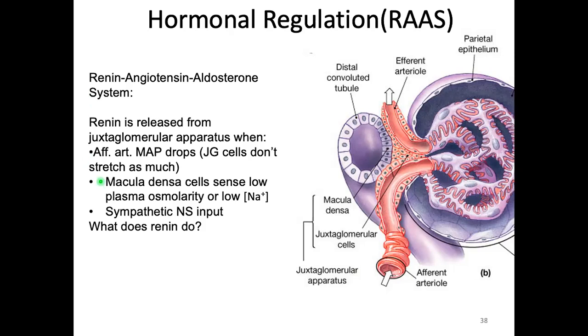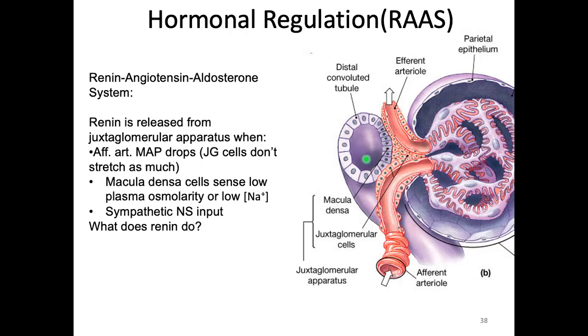So the macula densa cells sense low plasma osmolarity, or low sodium, or sympathetic nervous system input, okay? So let's take a look. If you go to the picture, we've already covered the macula densa, the tubuloglomerular feedback, right? So if there's low sodium, then that afferent arteriole is going to dilate so that you get more flow through here, okay?